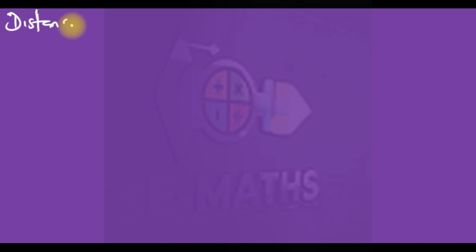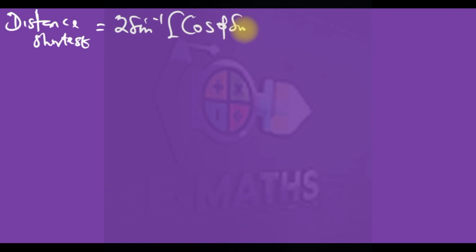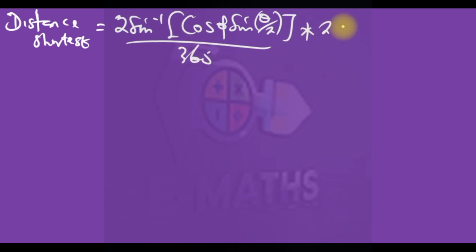The shortest distance is 2 arc sine of cos phi sine theta over 2 over 360 times 2 pi r. We can reduce: 2 times 2 is 4, and 4 into 360 is 90.